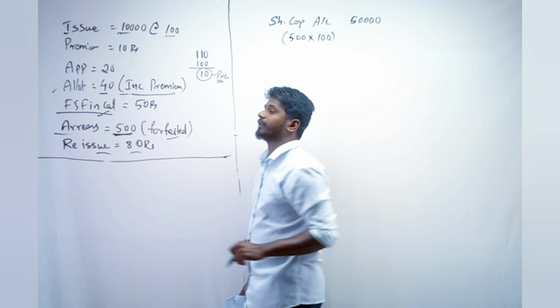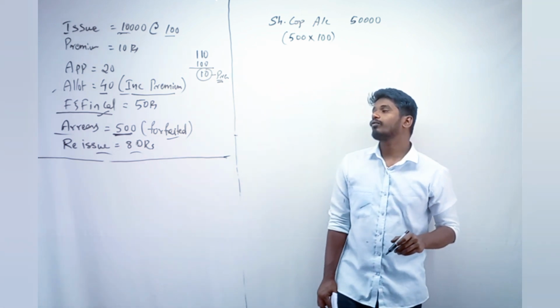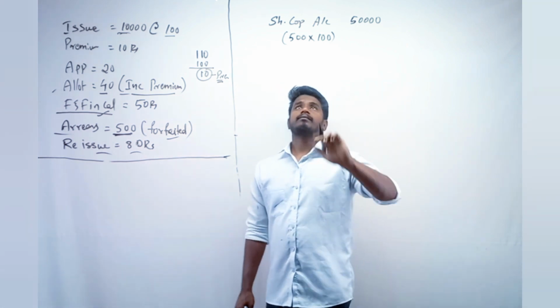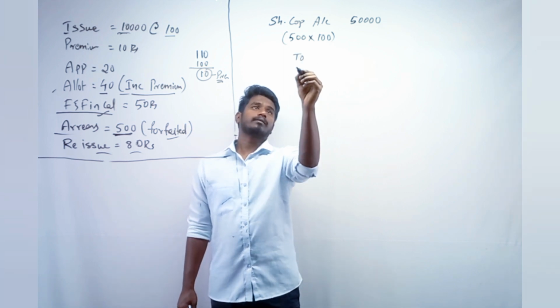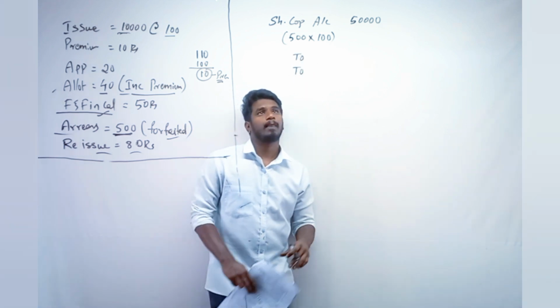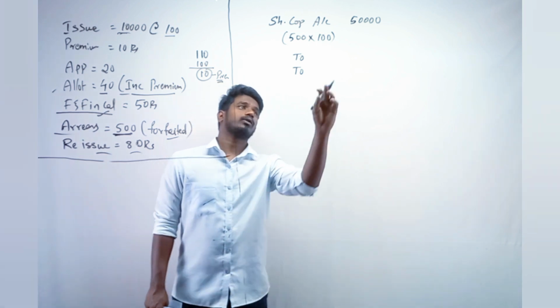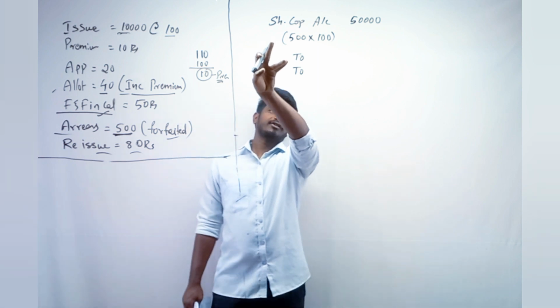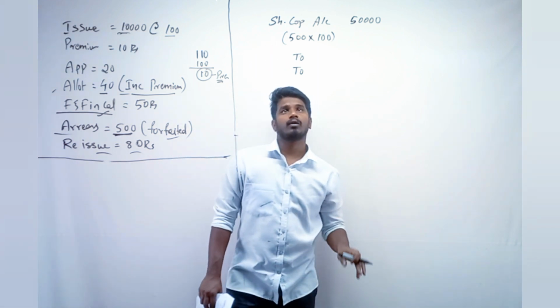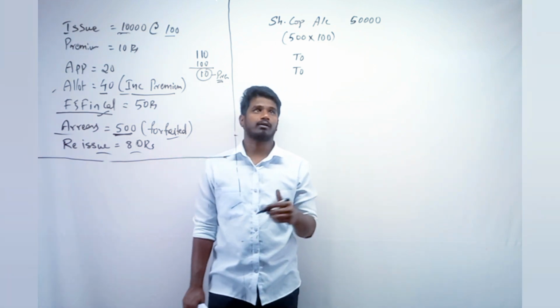For 500 shares, how much is it? 500 into 50. So there will be 2 credits. The first thing will be share forfeiture and one more thing is first and final call.